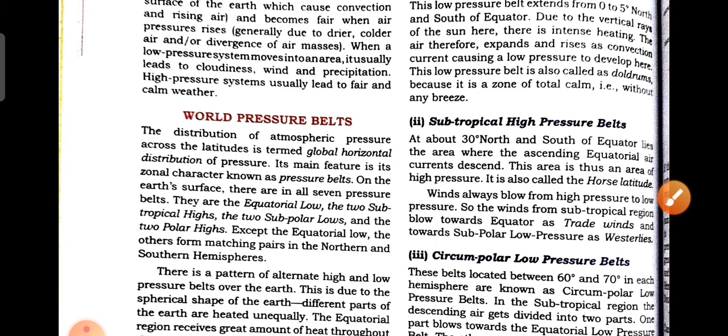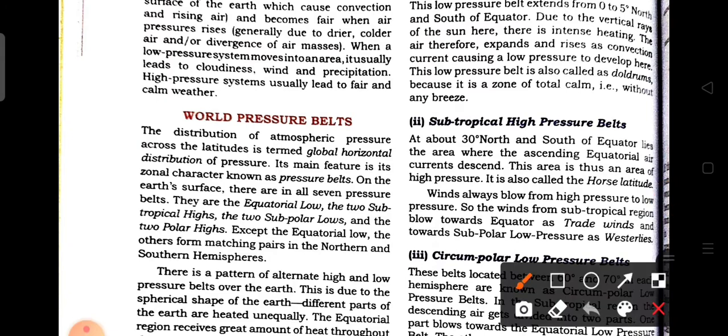The next world pressure belt is the subtropical high pressure belt. As we know that the pressure belts alternate with each other, so as the equator has the low pressure belt, the subtropics have the high pressure belt.